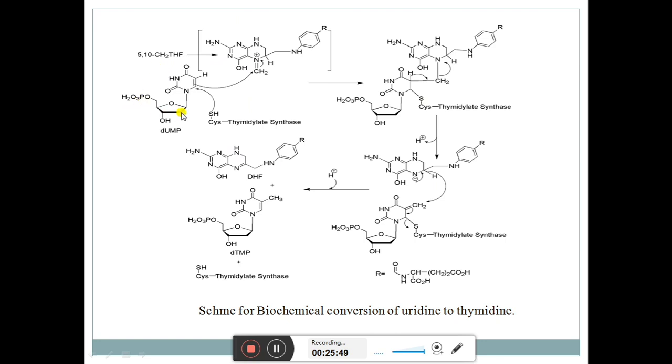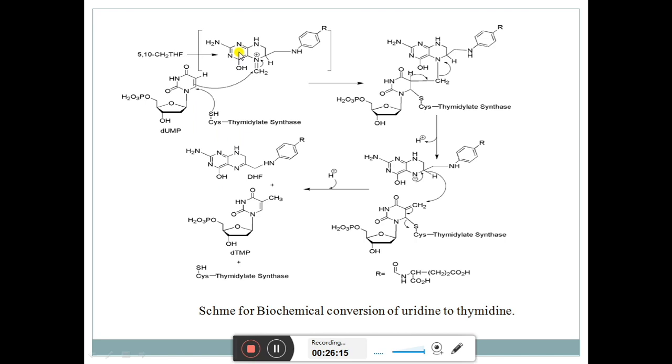So what is this? This is deoxyuridine monophosphate. You may consider it as the uridine only. So in the uridine, what is the substrate? It is the uridine. This is the enzyme required, that is thymidylate synthase, and this is the cofactor required.